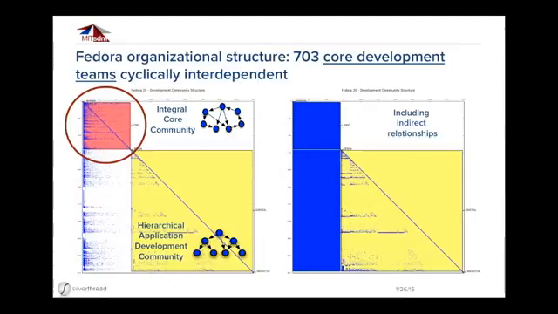What we discovered when we actually looked at the relationships of all of the packages, for example, if I want to build and run the kernel, what are all the communities that are involved in shipping a kernel that a user can install? It turns out to be quite a bit larger than I had thought.